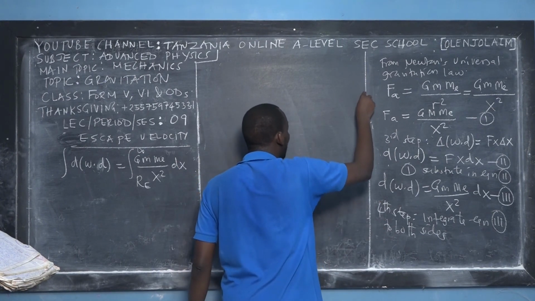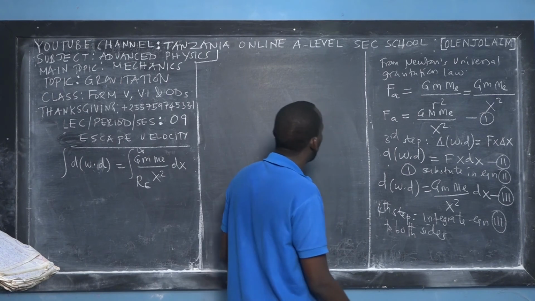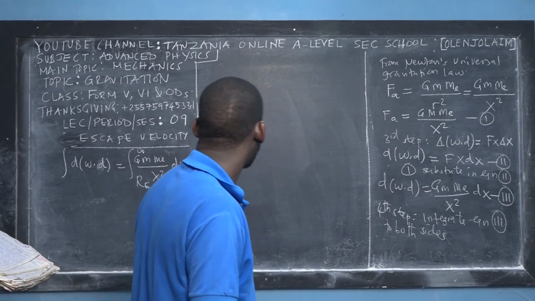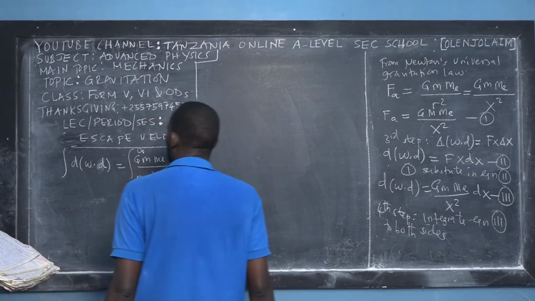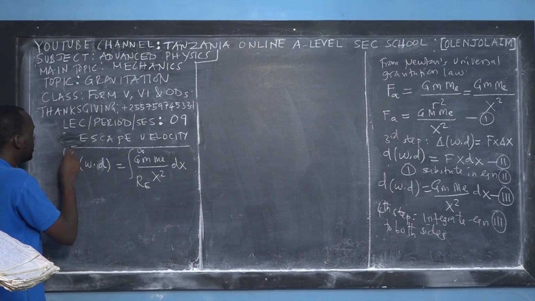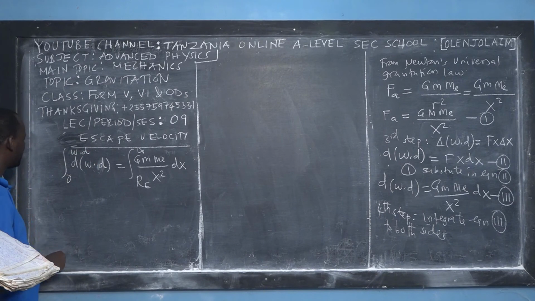Remember that for the work done of bringing a body from infinity to the radius r, we integrated from infinity to r. Even here, we integrate from 0 to work done. For simplification, the d and the integral sign cancel, and on the left-hand side what remains is the work done.